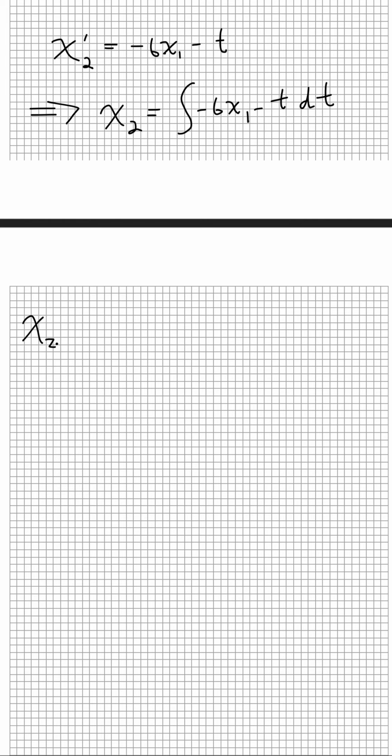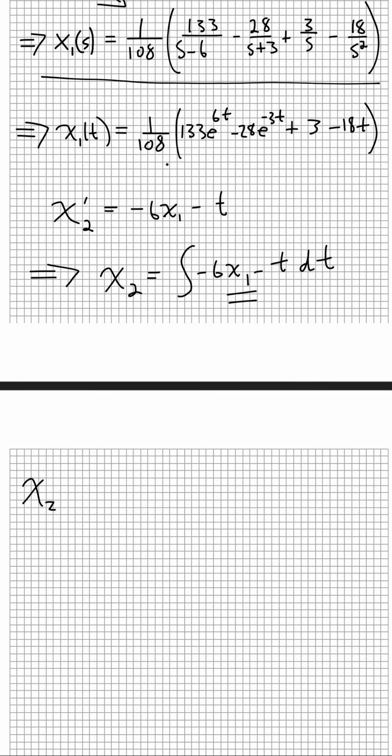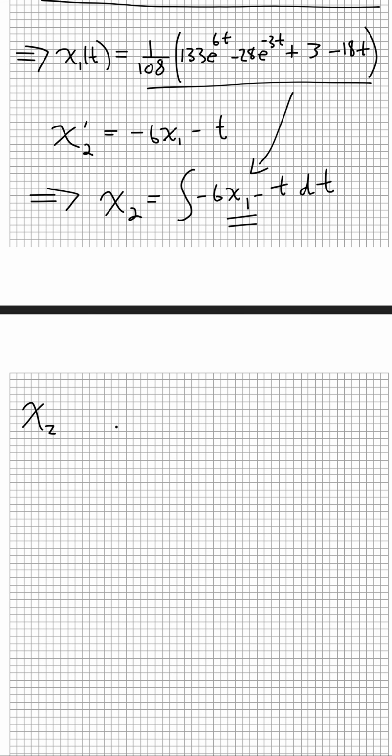And what we do with that, actually, so what do we do for x1? So you probably could guess we're going to plug in our solution for x1 right there. So that's what we're going to do, and then solve the integral and obtain x2. And if you do this correctly, you get x2 of t, and that's going to equal -1 over 18, okay, multiplied to the integral of 133, right?